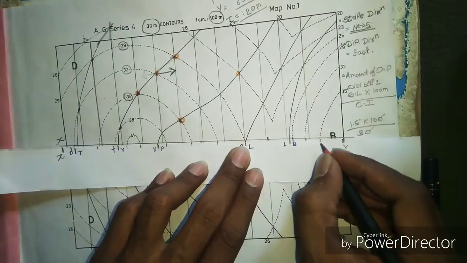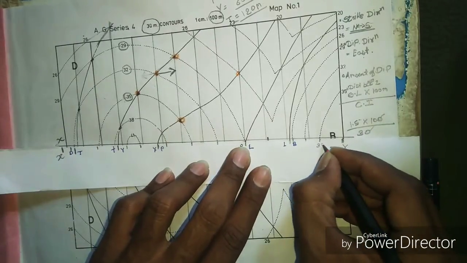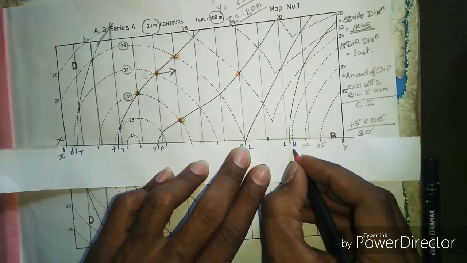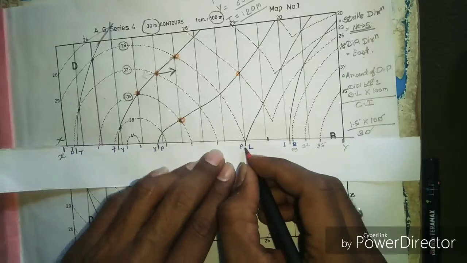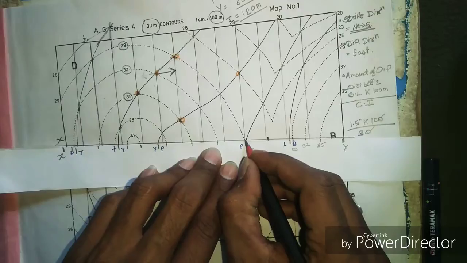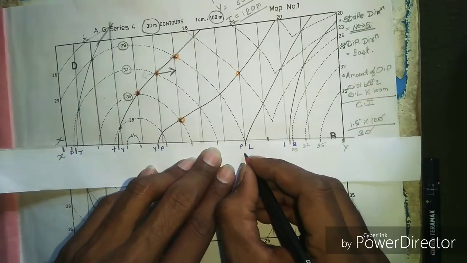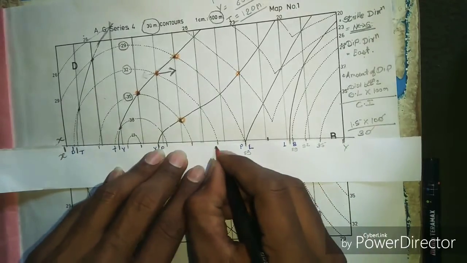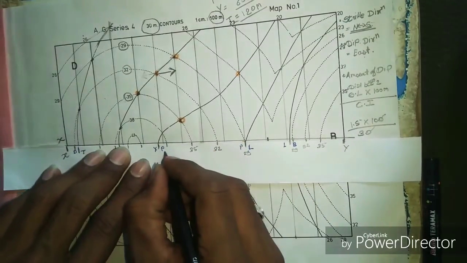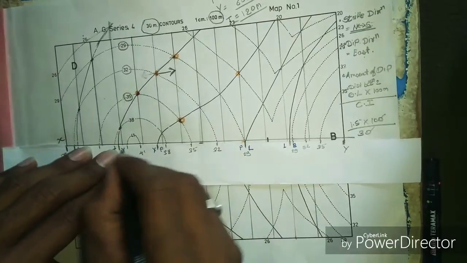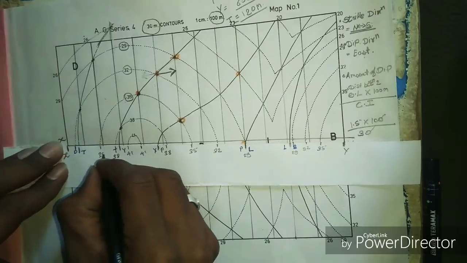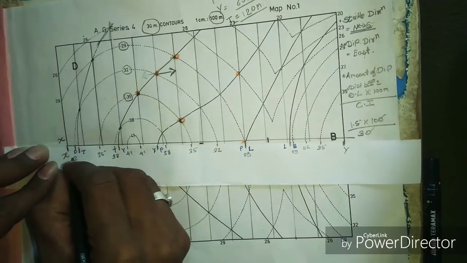Then I have to label the values of the contours: 35, 32, then 29, then at this point the contour and bedding plane are on the same point, 29, then 32, then 35, then 38, 41, again 41, 38, 35, and 32.